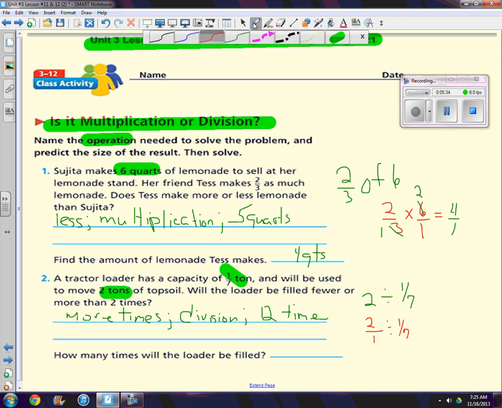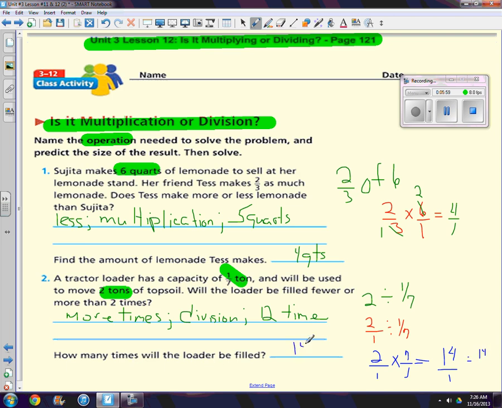And then your final step would be to find the reciprocal of 1/7, change the division symbol to multiplication, and it would be 7 over 1. 2 times 7 is 14. 1 times 1 is 1. So your final answer would be 14. So how many times will a loader be filled? 14 times.